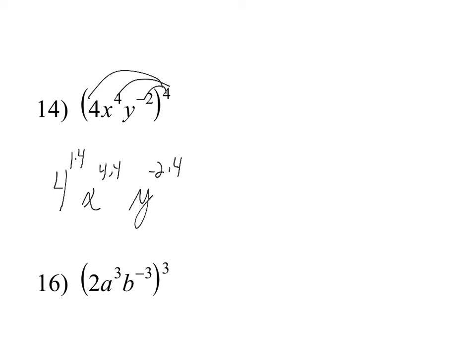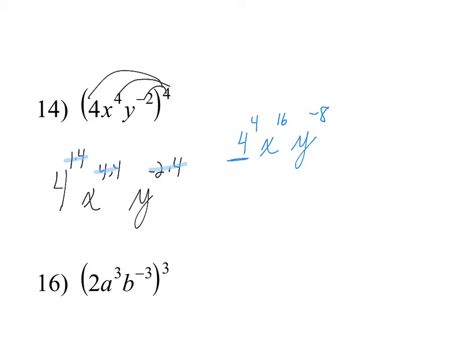Now what we're going to do is actually do those multiplications there. So we're going to have 4 to the 4th power. X to the 4 times 4 is going to be 16. And y to the negative 2 times 4 is going to be negative 8. Now while I'm here, I'm going to go ahead and take care of my number base.